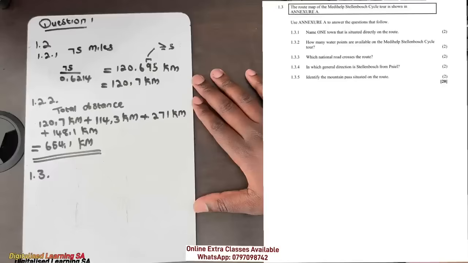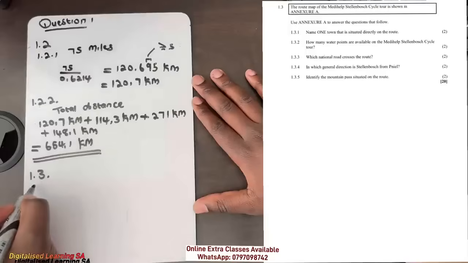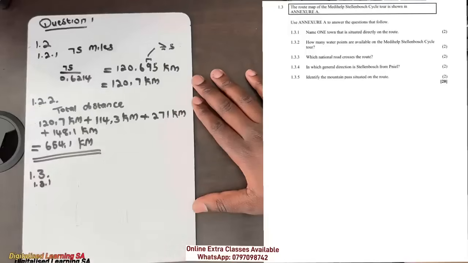We are told to use annexure A to answer the questions that follow. So we have a set of questions that we are going to use annexure A to answer.